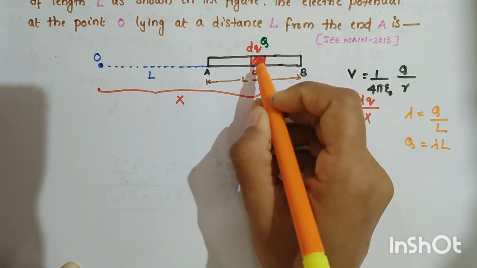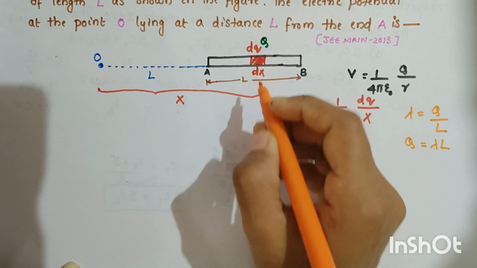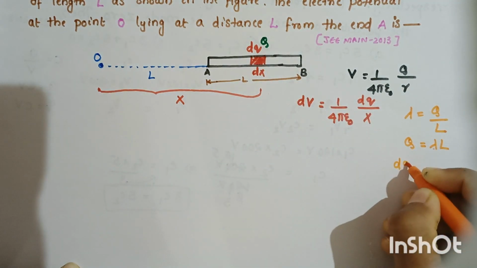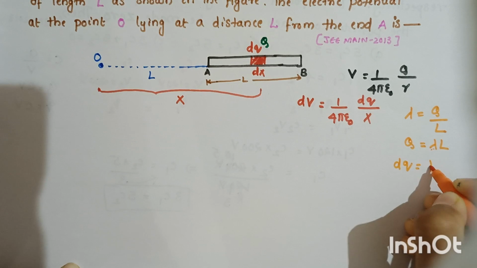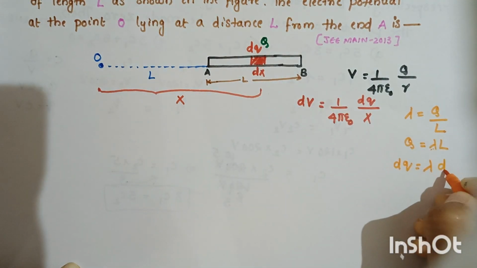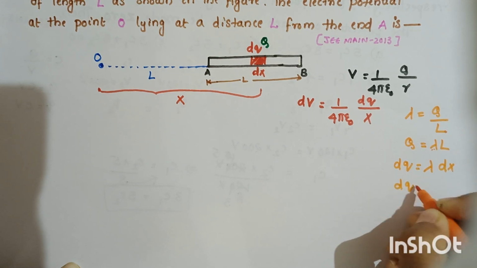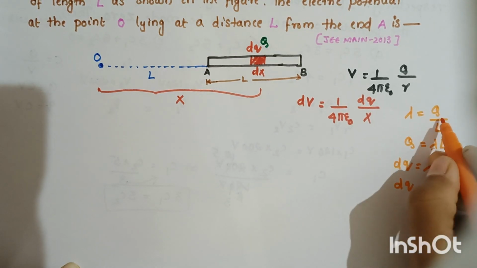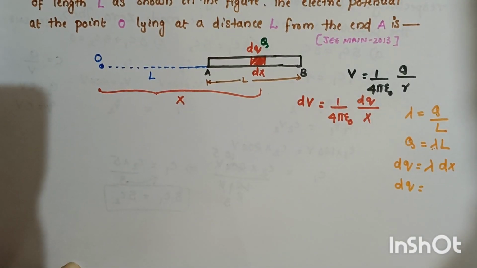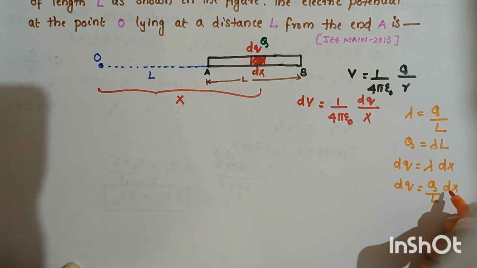The charge on the small line segment is dq, so dq equals lambda into the length of the small segment dx. This lambda is Q by L, charge per length. So dq equals Q by L into dx.